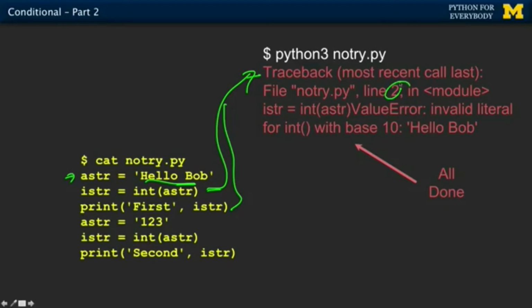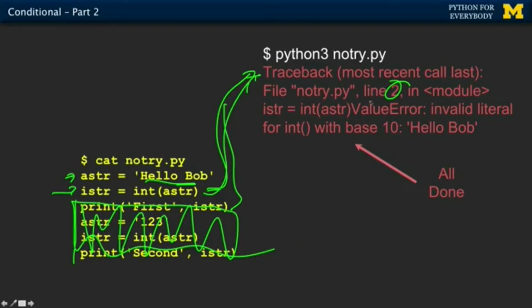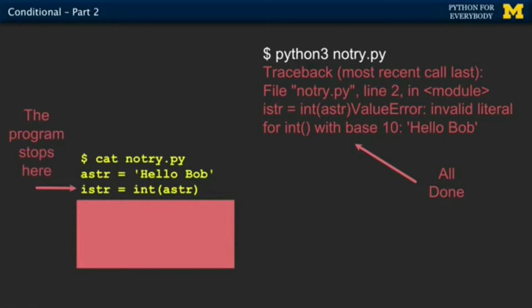And it stopped at line 2, which means this is the last line it executed. But it doesn't continue, which means this code is gone. I mean, it never gets there because it's like, I'm confused, I'm quitting, I have quit at line 2. Okay? I quit at line 2. So that code, it's as if it's not there.